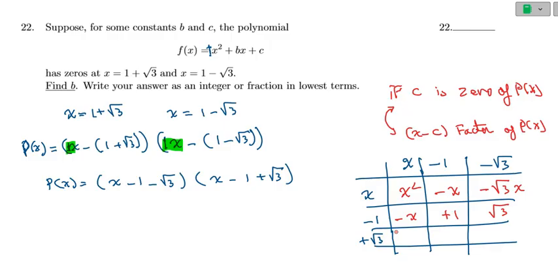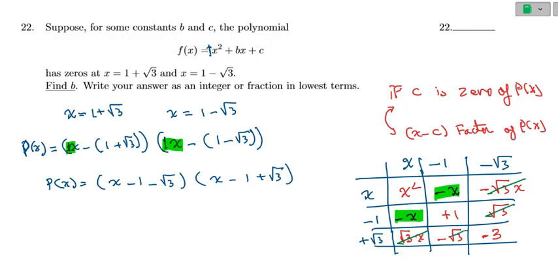Now I'm going to multiply everything by radical 3. So this is radical 3x. The next one, minus radical 3. And the last one, minus radical 3 times radical 3, is minus 3, right? Okay, so there are some terms that are going to cancel out, and some terms that are going to add up. I can see I'm going to add up this and this. And I can tell that minus radical 3x cancels out with radical 3x.